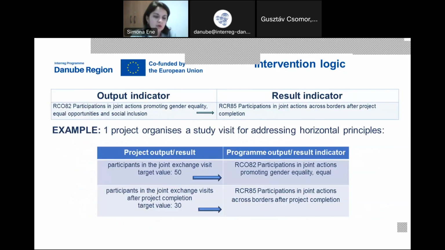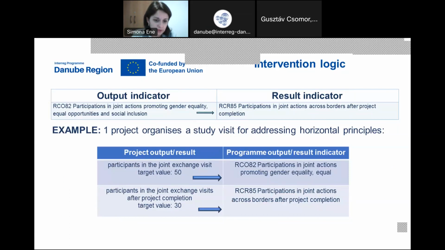For example, a project organizes a study visit for addressing horizontal principles of gender equality, equal opportunities, and social inclusions. As project output, it is estimated that it will be 50 participants in the joint exchange visit.